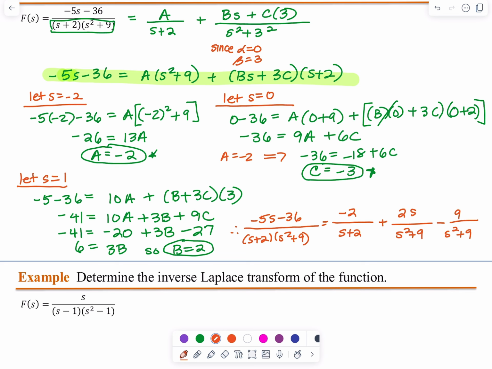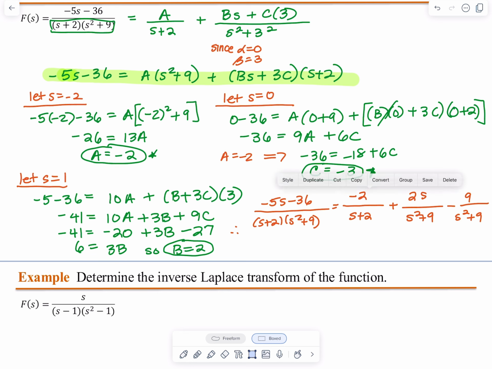Now we do want pretty simple fractions, so you may see some solutions that look like this.